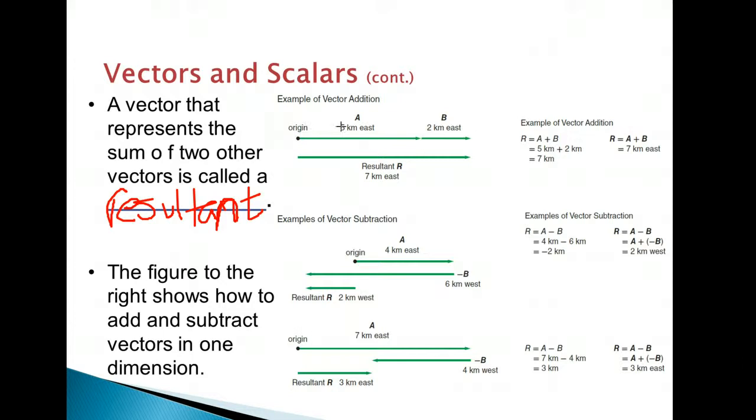Basically, if you have two vectors headed in the same direction, then you can add them. If you have two vectors headed in opposite directions and they represent the same type of quantity, you can subtract them. Whatever you end up with is called your resultant. We see a resultant here, here, and here. You can really take a look at this diagram, and if you have any questions, email me.